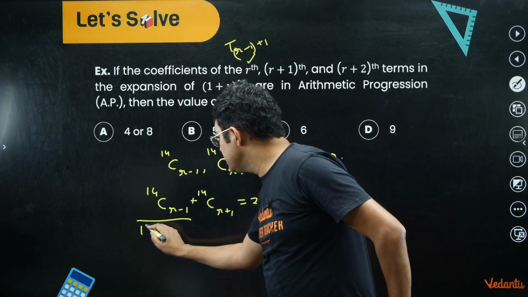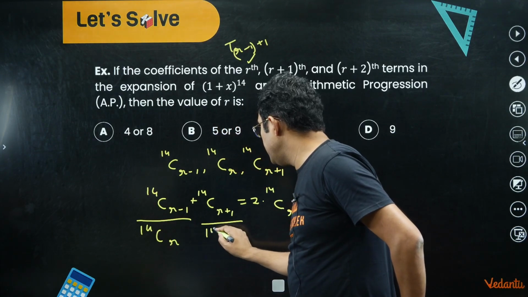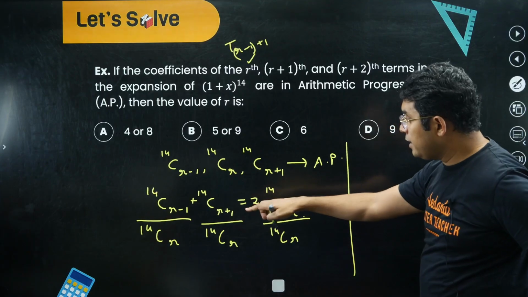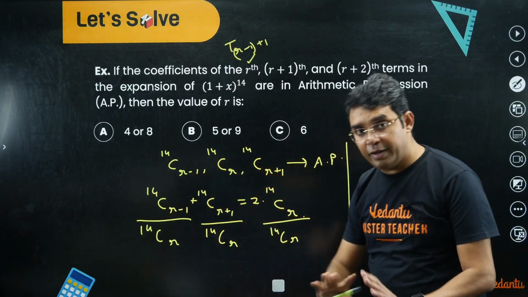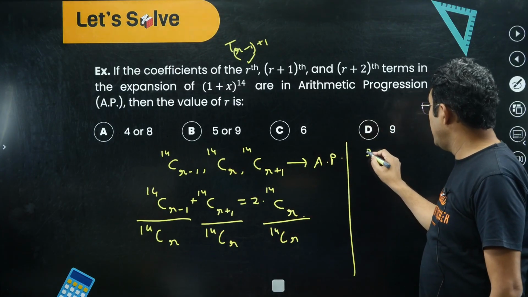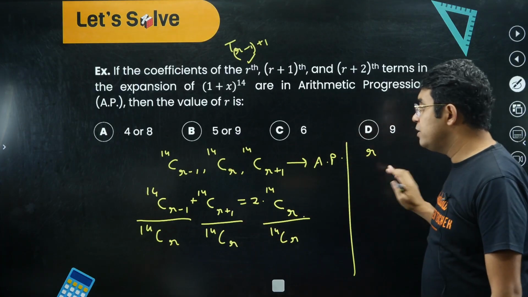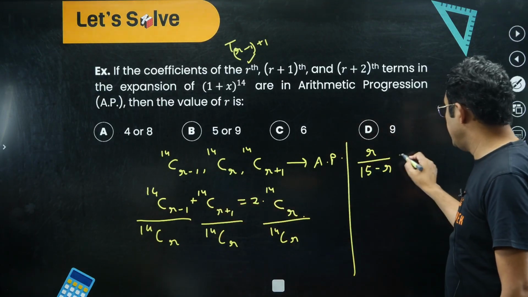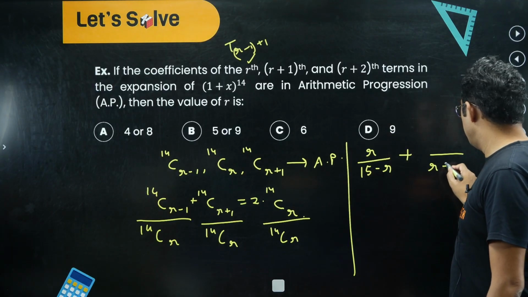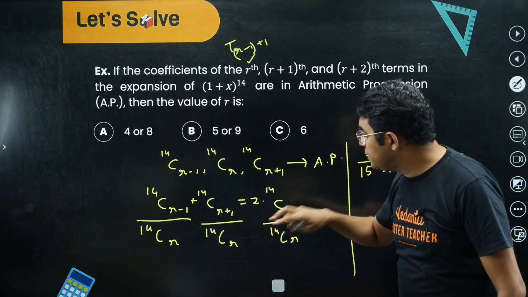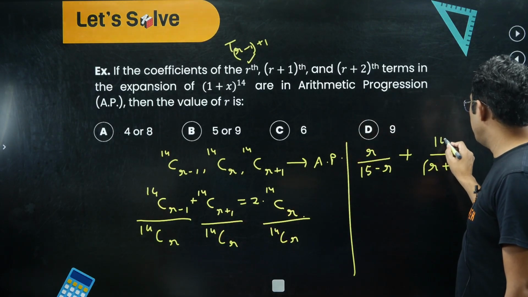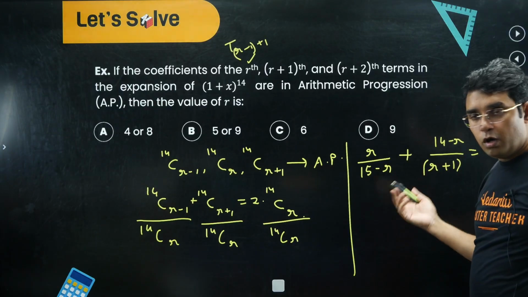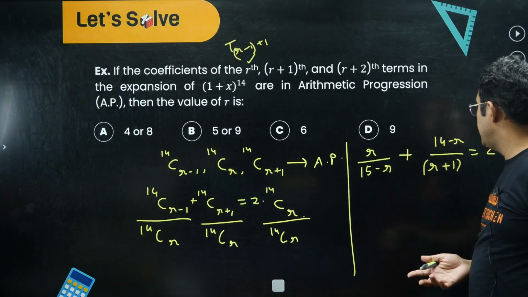The 14 factorial will cancel, r factorial will come up and (r-1) factorial will cancel, so only r will be there, with (15 - r) in the denominator, plus (14 - r) over (r + 1) after simplification, and that is equal to 2. Now if you solve it, you will get a quadratic and then you will get the answer.